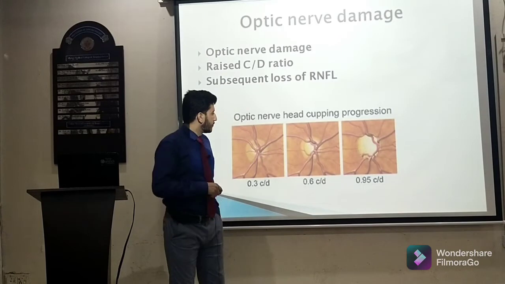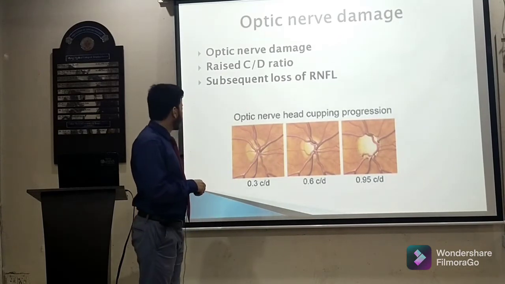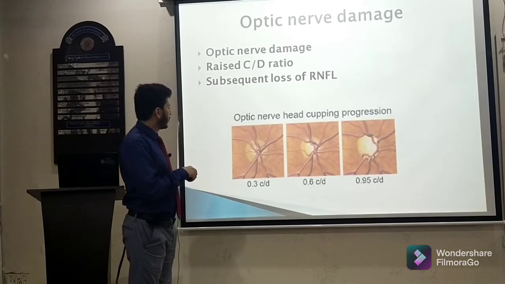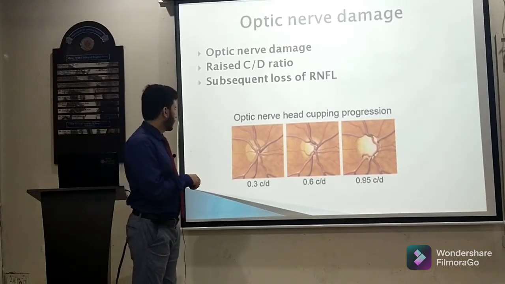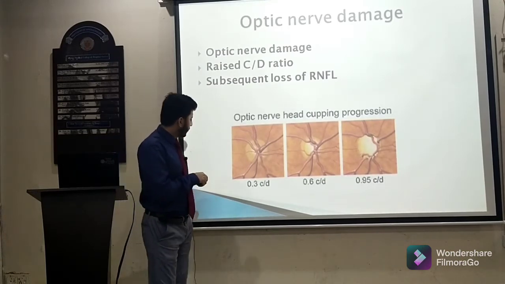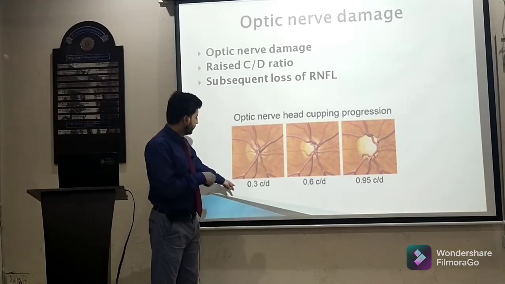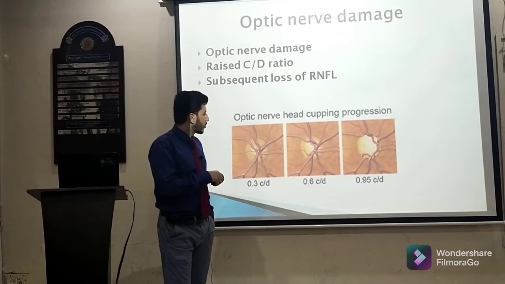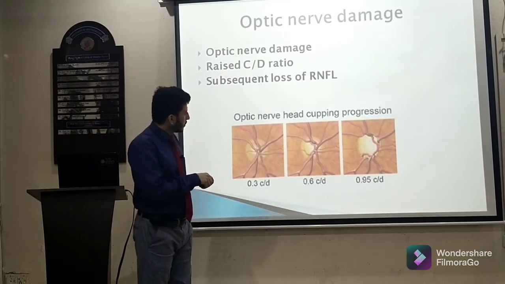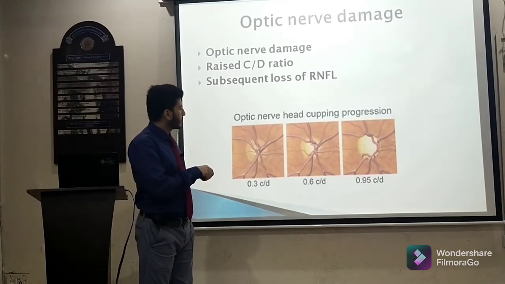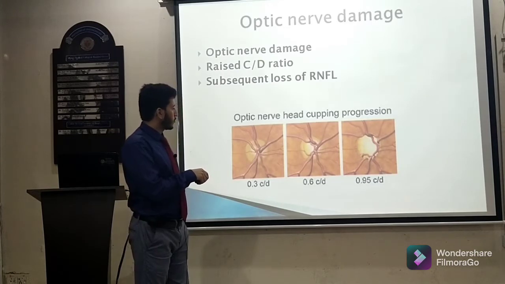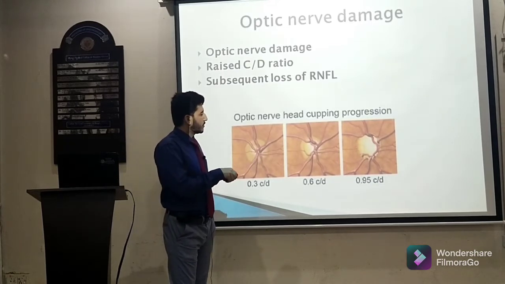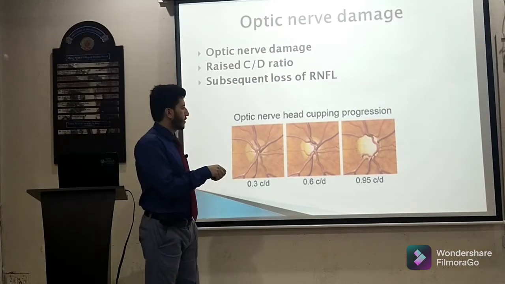As we can see in the image, this is the optic nerve head or optic disc. This is the cup, which is 0.3 cup disc ratio. Due to progression of glaucoma, the cup disc ratio is increased to 0.6 to 0.95.